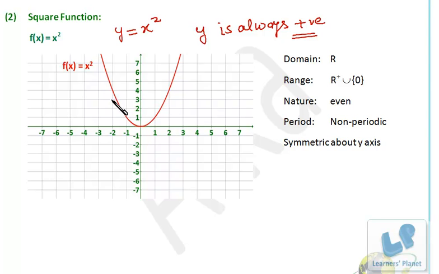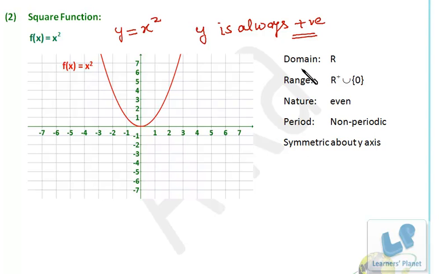But in the second quadrant, if x is negative, still y is positive, right? We will not be able to get the negative values of y. That means the graph will lie in just the first and second quadrant, because below the x-axis y will be negative, but we cannot get negative values of y because y is equal to x square. It's a square function.